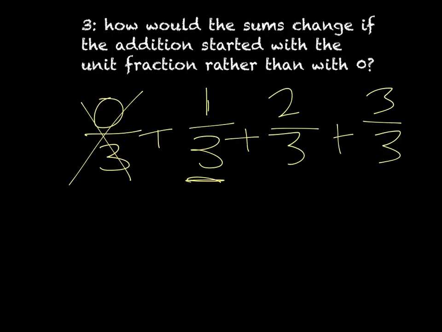Would your answer be different? Pause the video and think about that now. You should have come to the conclusion that the sum would not change if you took out the 0/3.